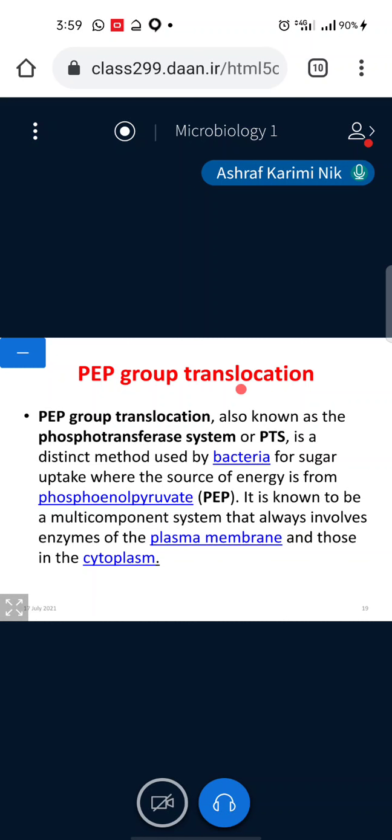PEP group translocation. PEP means phosphoenolpyruvate, a material with high energy.